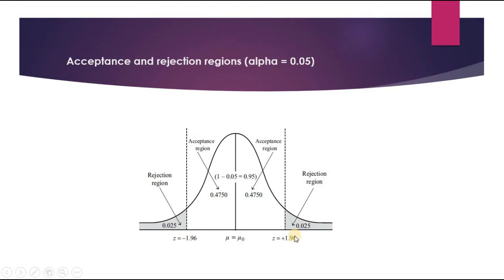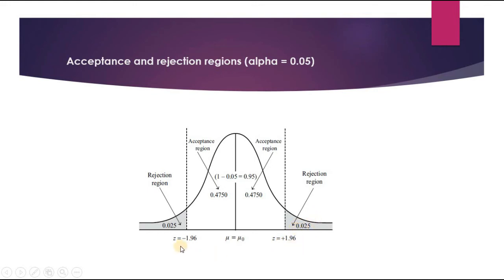Now, if I'm taking alpha as 0.05, you can see 0.025 on the right side and 0.025 on the left side. So this forms the rejection region on the right side, and this forms the rejection region on the left side. The tabulated Z value at this point for this probability is plus 1.96.